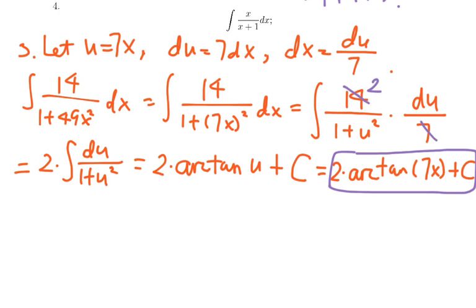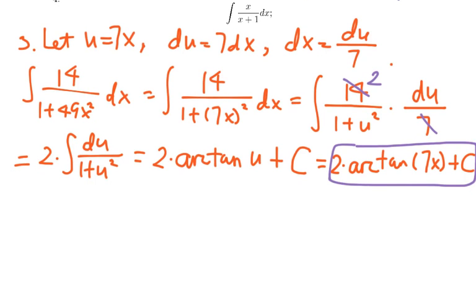Alright, for the fourth problem, we're going to integrate x over x plus 1. In this case, we're going to let u equal the denominator, that is x plus 1.